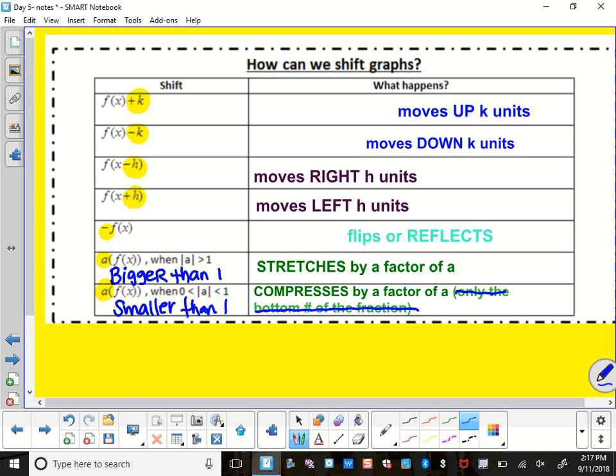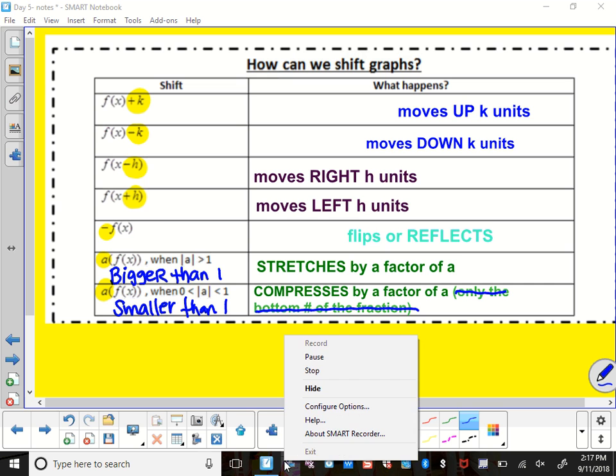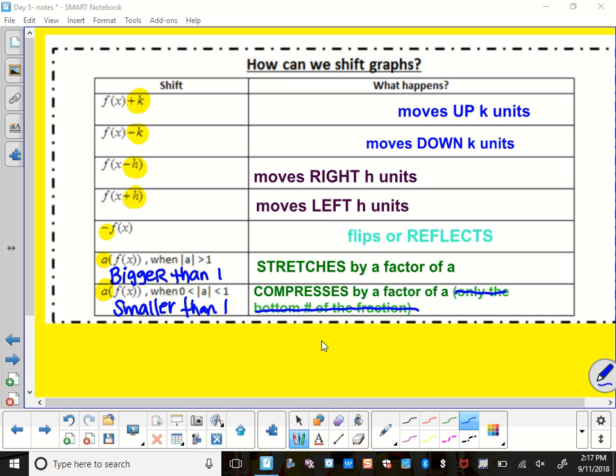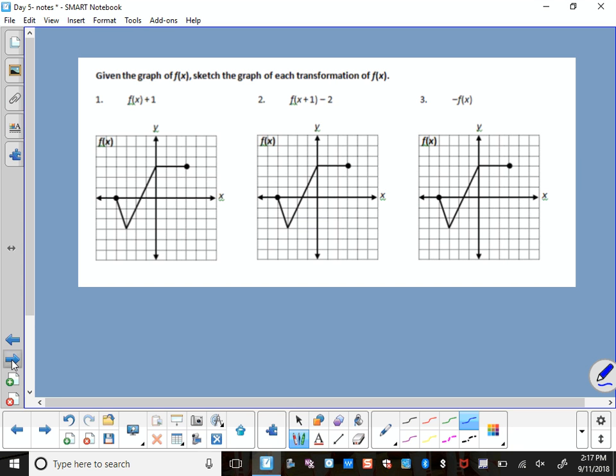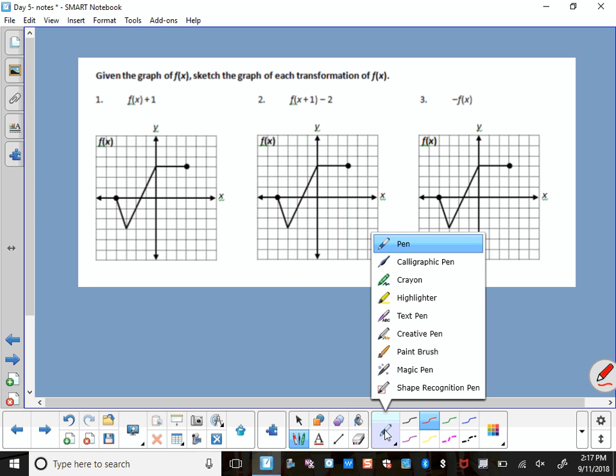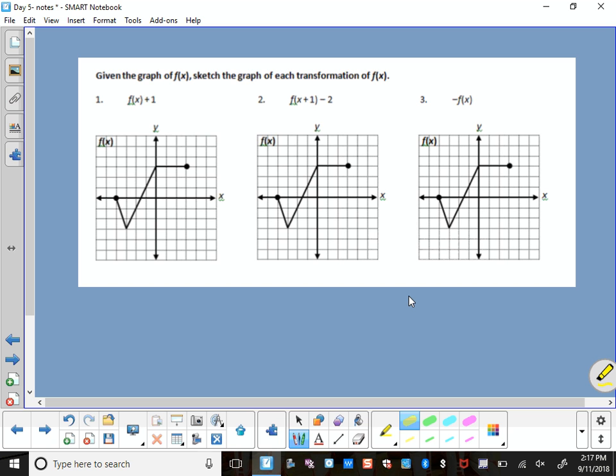Roll that copy down. All right, so here's a transformation. What we are doing is we are taking the graph that they give us and we are describing what's happening based on this function at the very top. So for number 1, my f of x is my function.